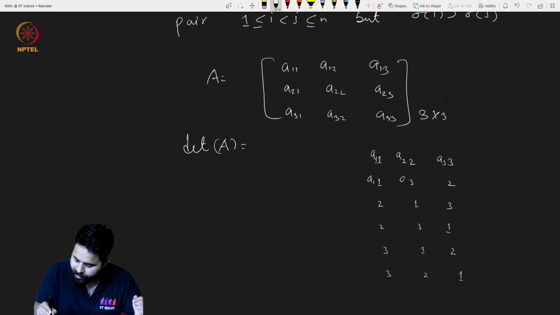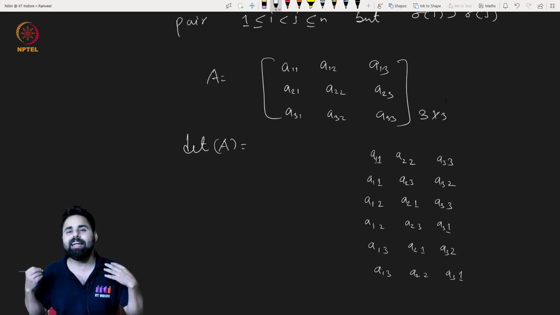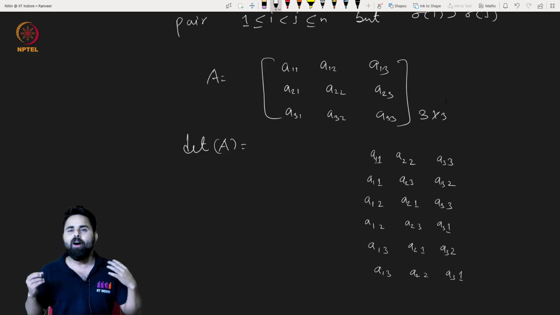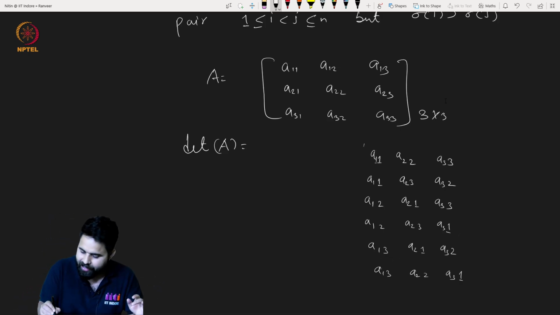So this is A1, A2, A3, A1, A2, A3, and so on. Very good. Now you will see that there are six combinations, and each combination is with respect to some permutation, right? The permutations are this 1, 2, 3.